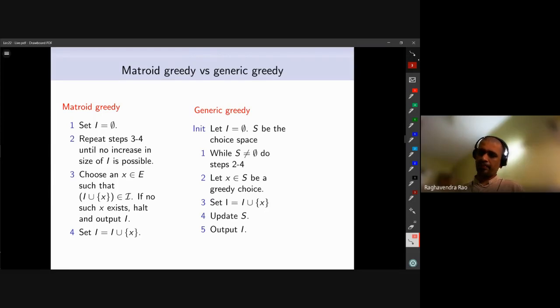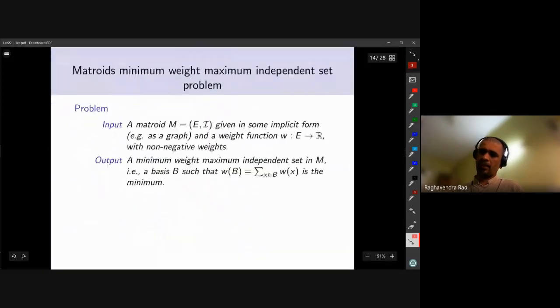Let's give a generic problem description. Here again, we are given a matroid in implicit form, and a weight function for each element in the ground set.